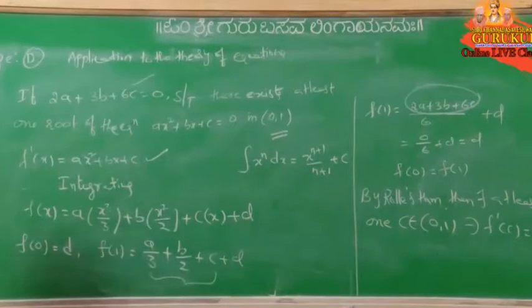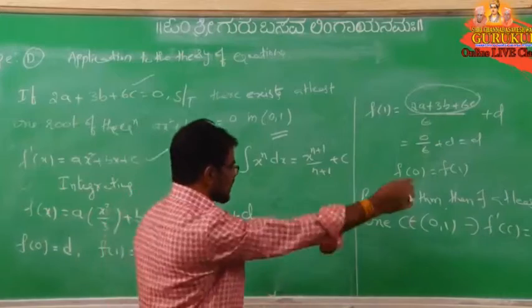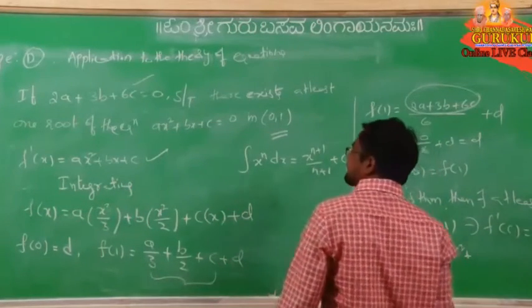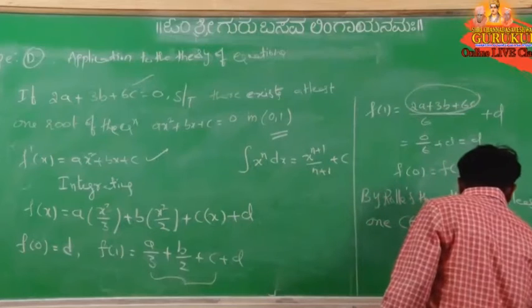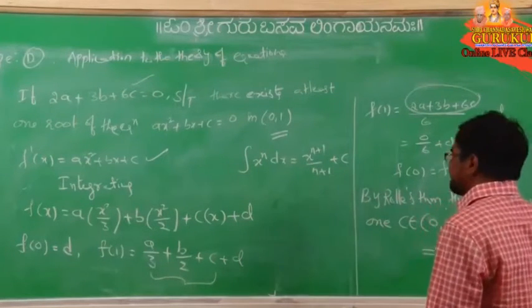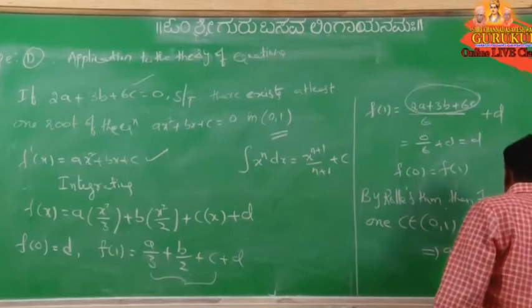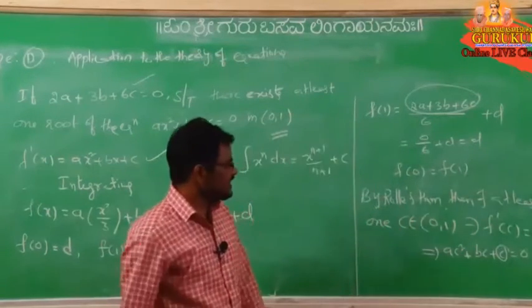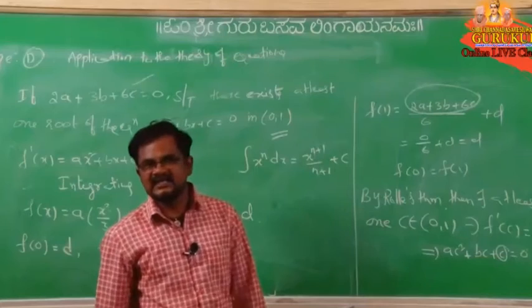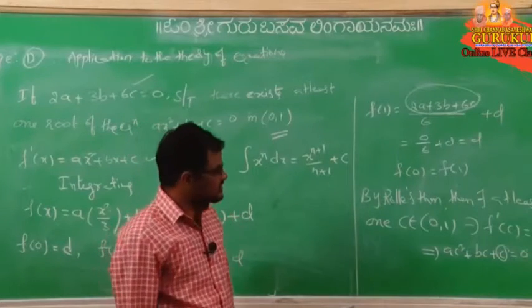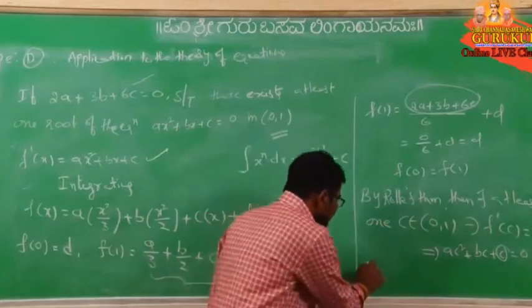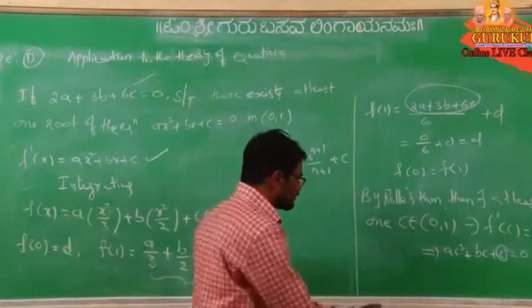Now what is f dash of x? It is ax square plus bx plus c, so f dash of c is a c square plus b c plus c equal to 0, where the last c is a constant.